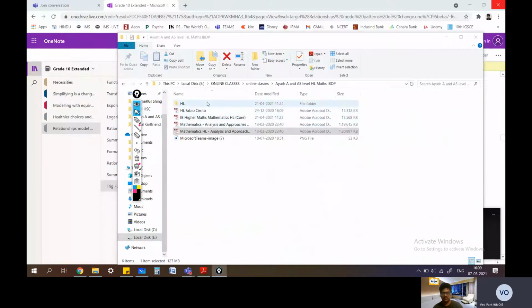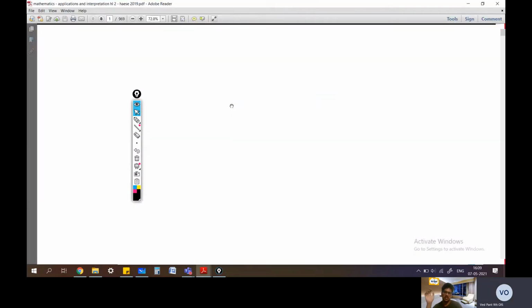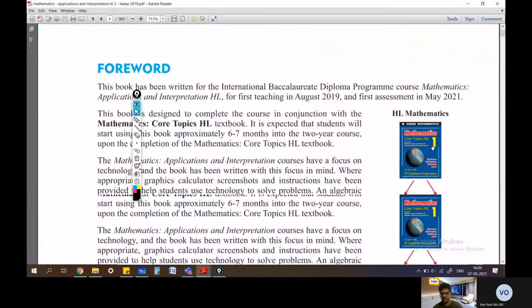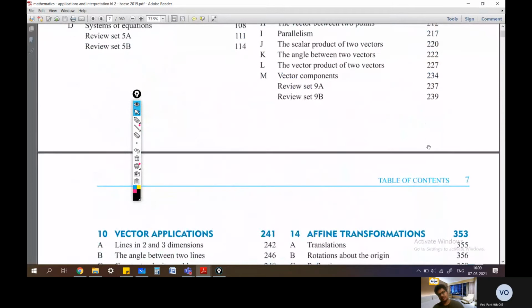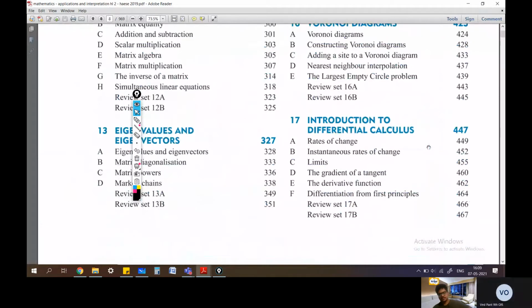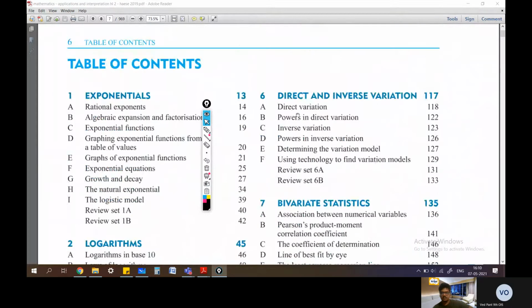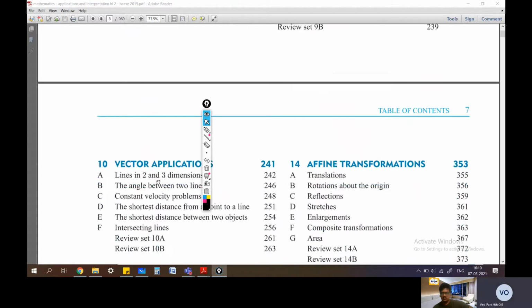Book. For the modeling. Sure, so we can try that.